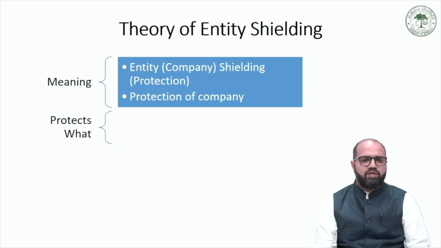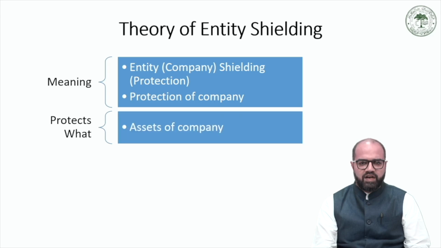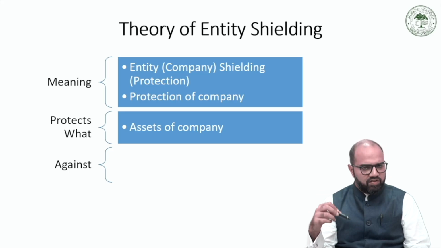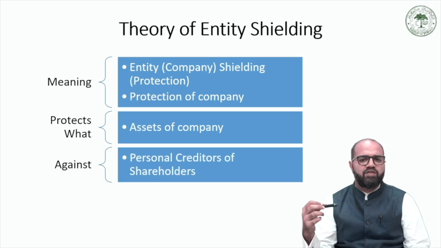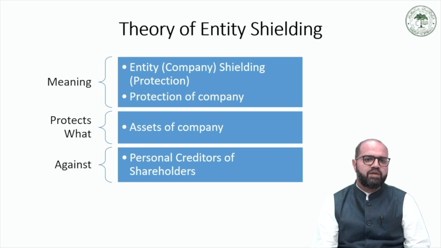Now this theory of entity shielding restricts the claim of personal creditors of the shareholders to the personal assets of the shareholders only. So it denies the shareholders' personal creditors from laying a claim to the assets of the company in which they are shareholders.